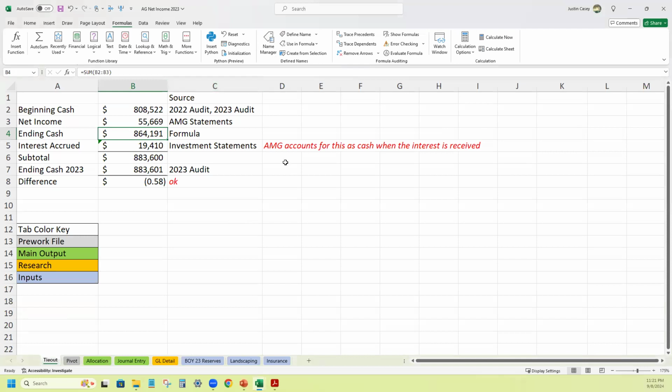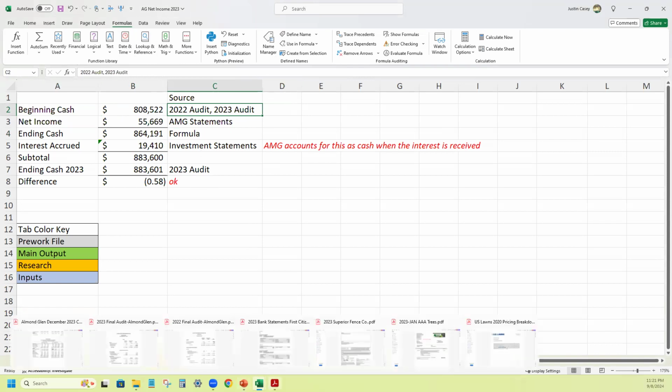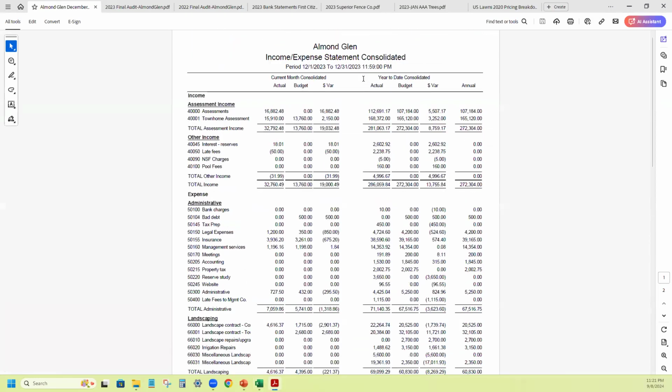But the first thing that we need to do to calculate and rely upon net income in any fashion is to pin the AMG statements to beginning cash and ending cash. The way that we get that number is from the audits for 2022 and 2023. AMG gives us financial statements, and AMG's financial statements are internally generated documents.